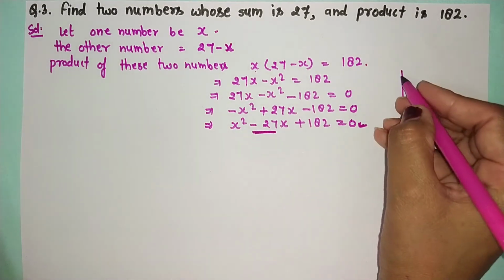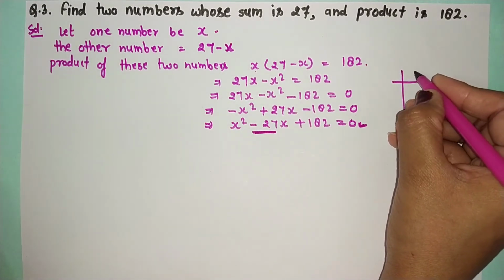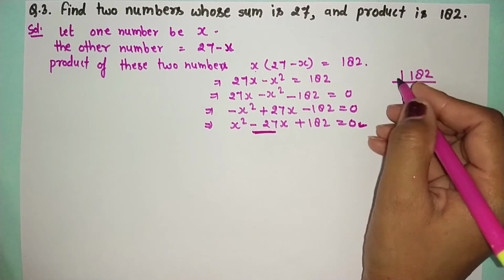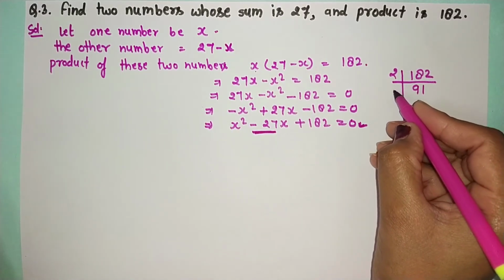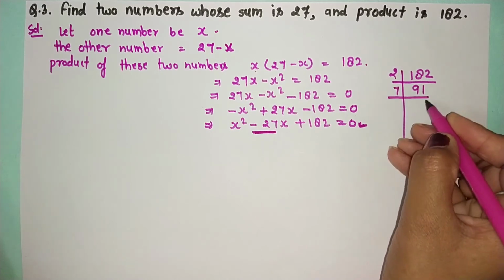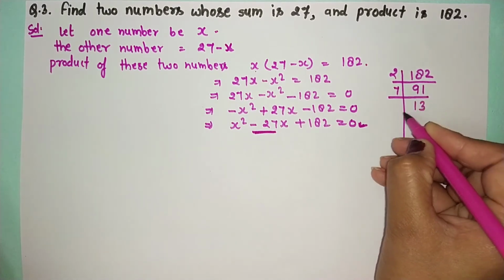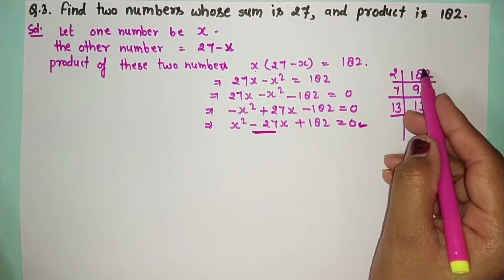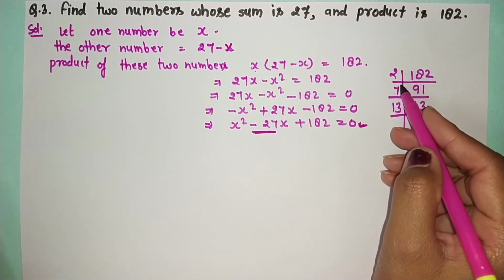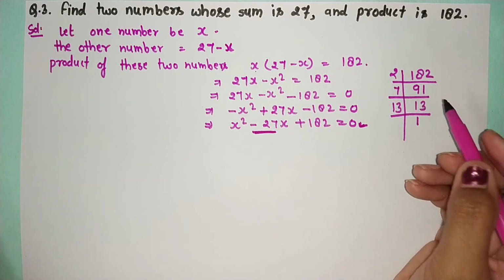For this, we find the factors of 182. Dividing by 2, it becomes 91, and dividing by 7, we get 13. Therefore, the factors of 182 are 2, 7 and 13.